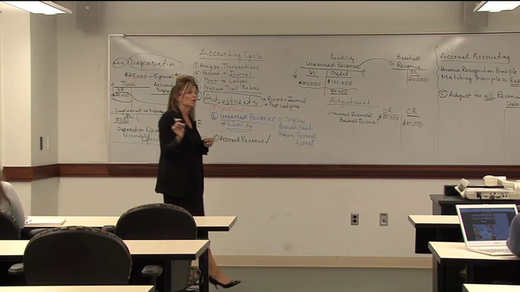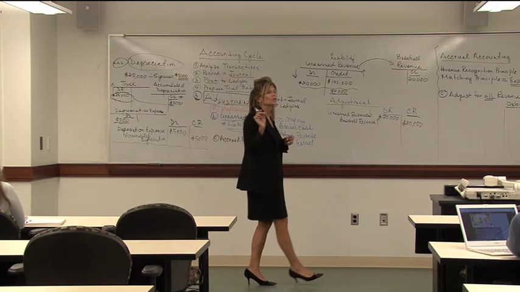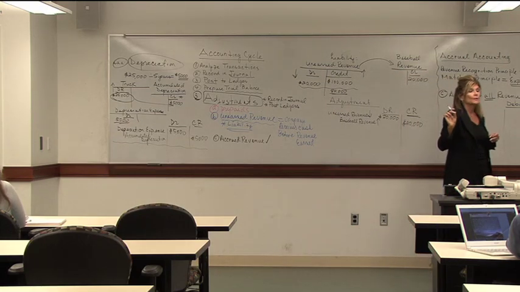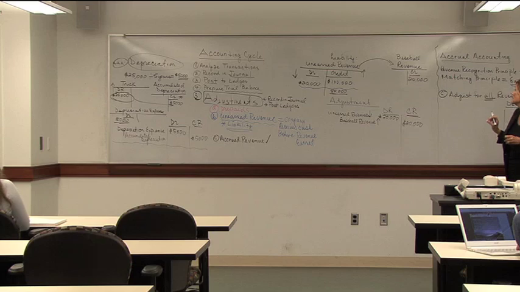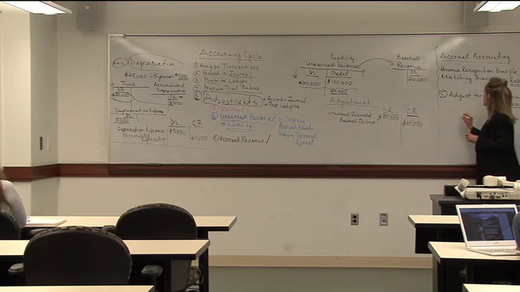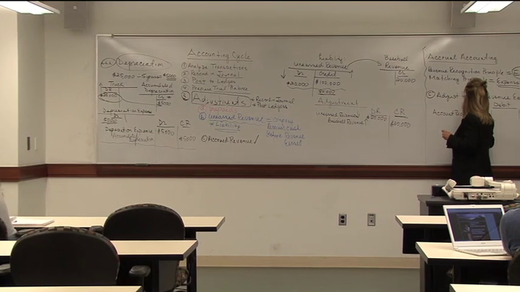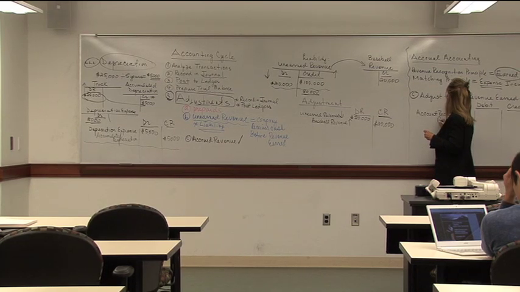The prepaid adjustments, I showed you those adjustments to the ledgers. Unearned revenue adjustment to the ledger. We're going to do the same thing with accrued revenue. So whenever you're accruing revenue, you're always going to debit some kind of receivable. It's an asset, money owed, and you're going to credit a revenue.